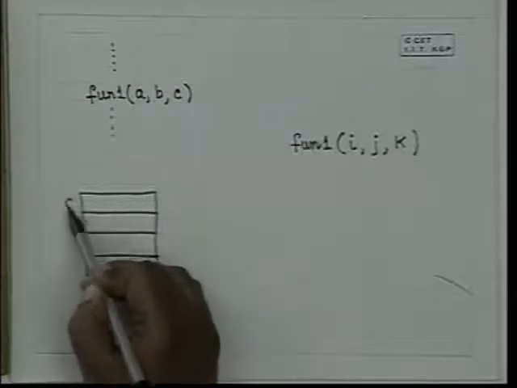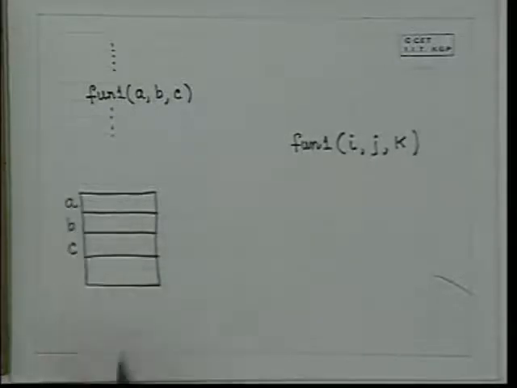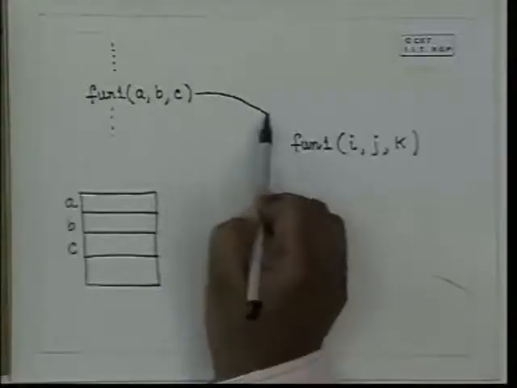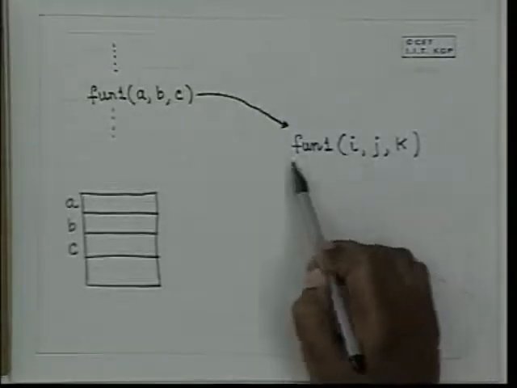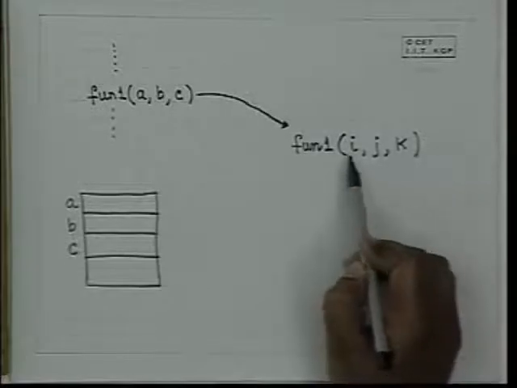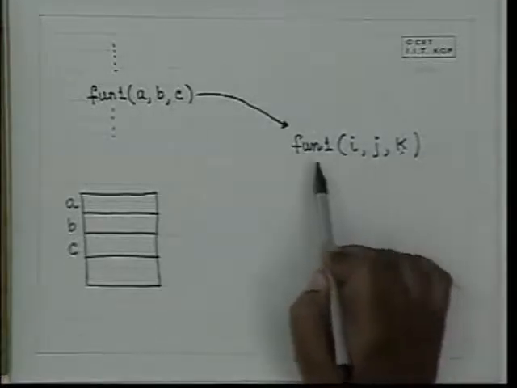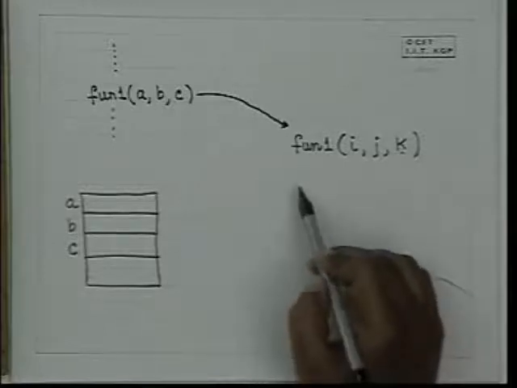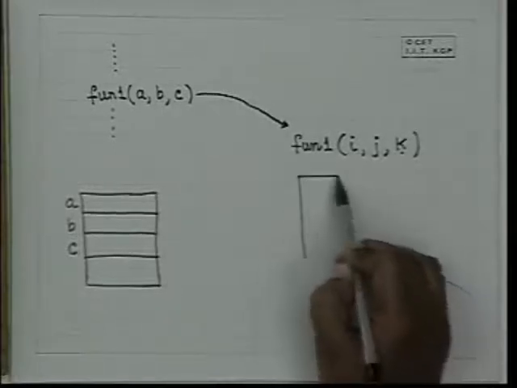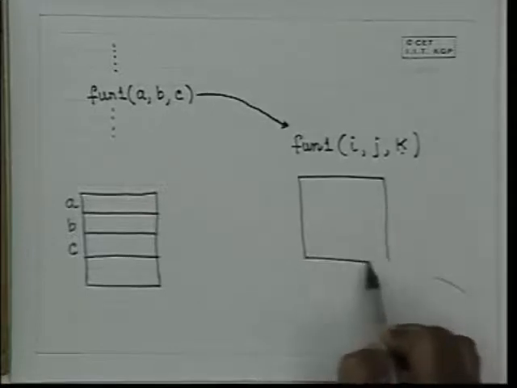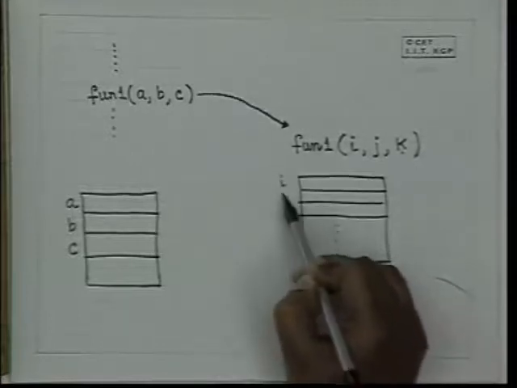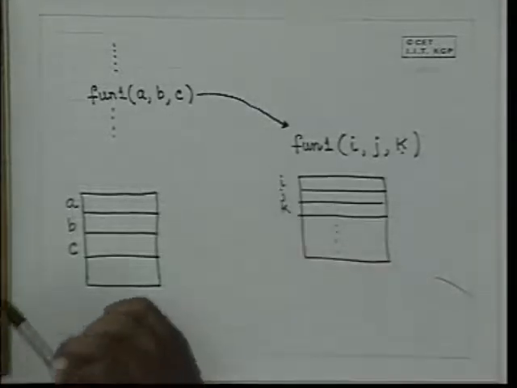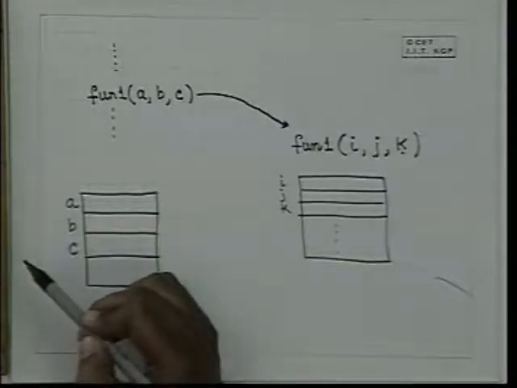So schematically, let us say A, B and C. Now when this function is called, a new data segment for this function is set up. The variables, the arguments, as well as the local variables of this function are allocated certain amount of memory, of which, other than the local variables, i, j and k are also allocated some memory locations.